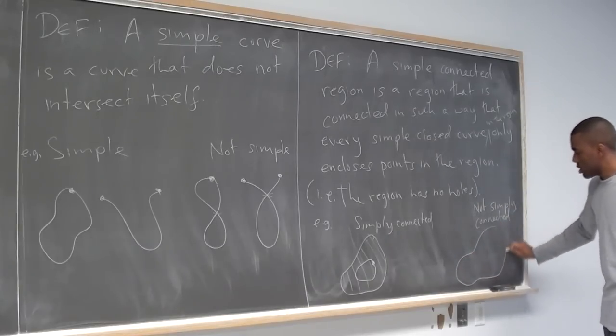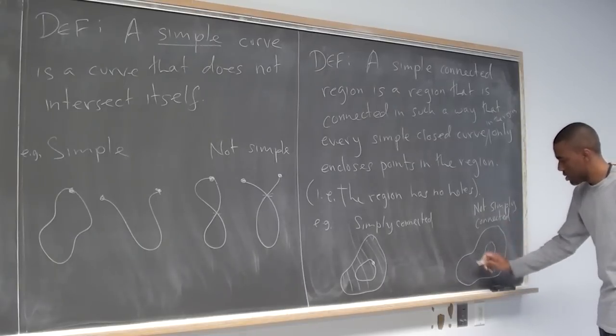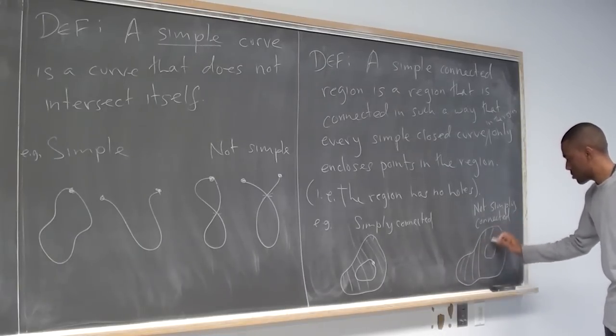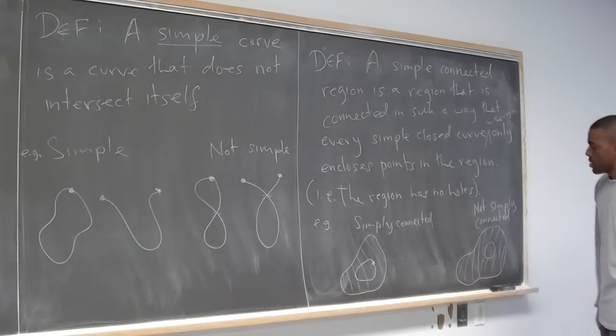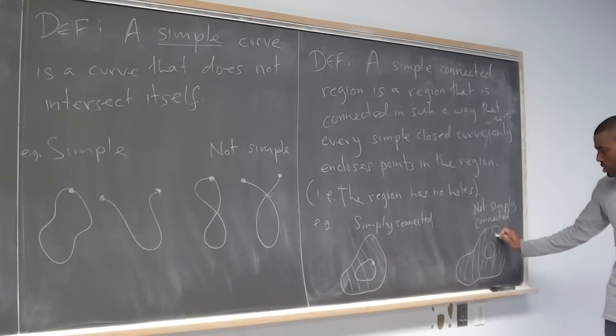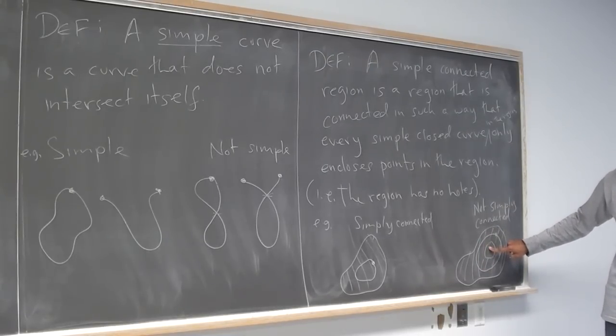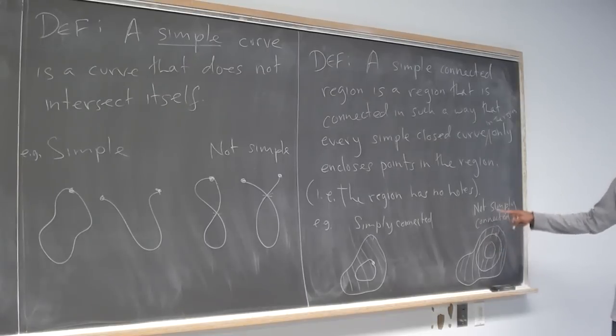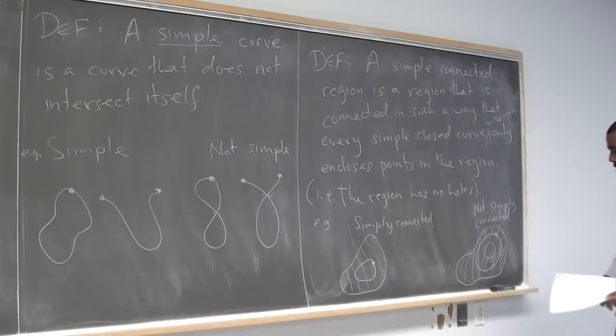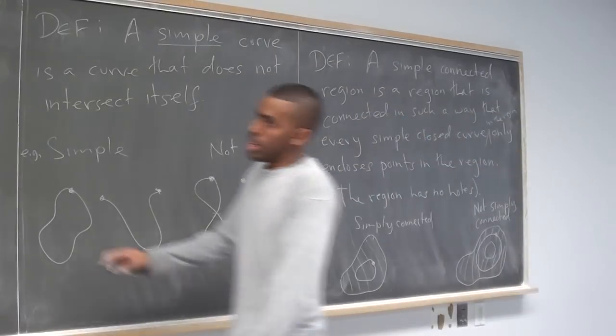If you have this region, though, and there's a hole in it, then I could create a simple closed curve inside this region, but there will be points on the inside of that curve that are not in the set itself. And so we say that's not simply connected. It has holes in it. We don't like the holes.